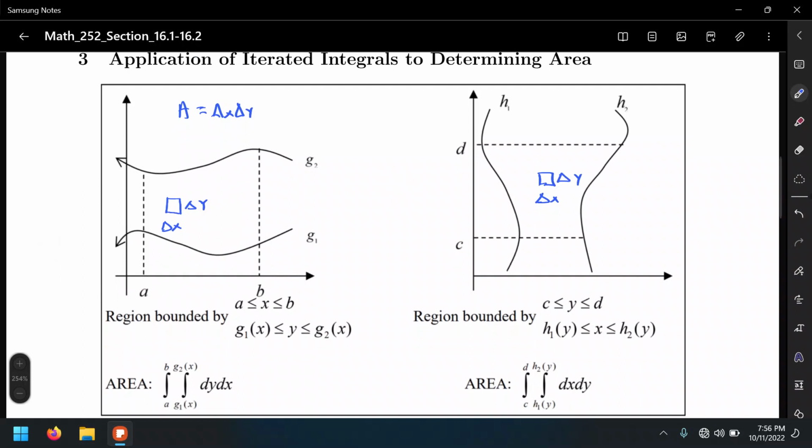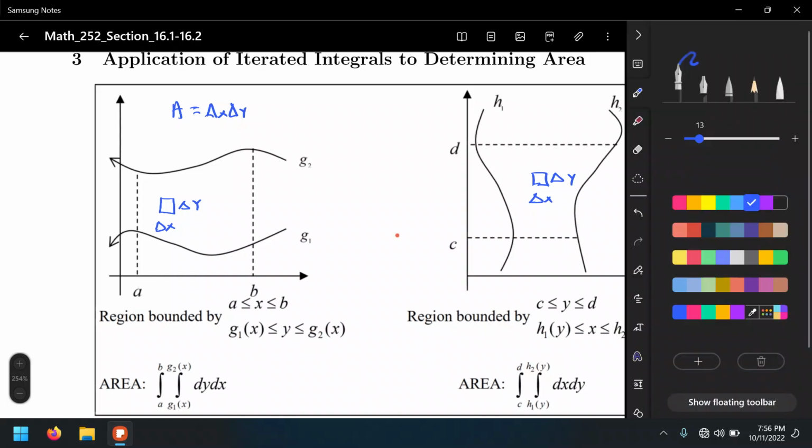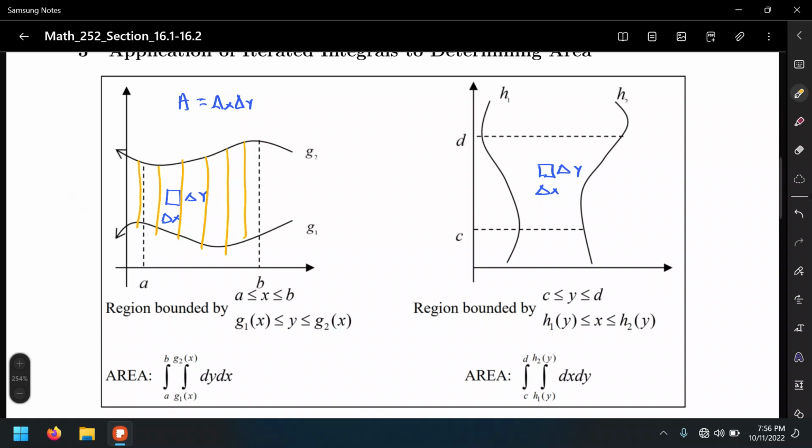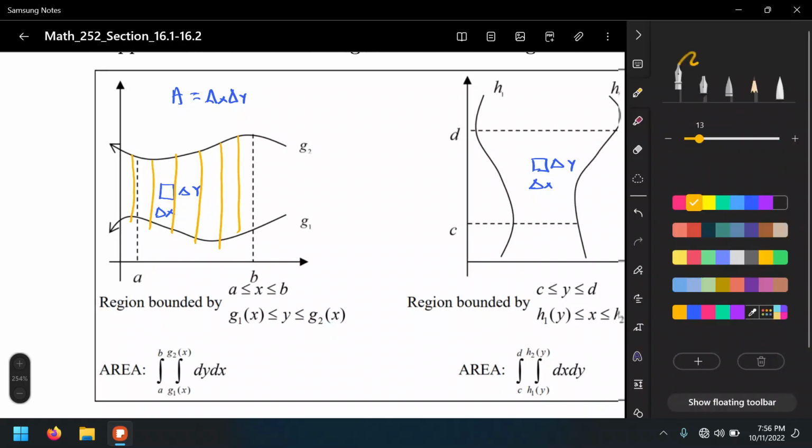Number one, a region is vertically simple if we want to trace vertical lines, and every time I do this, the top function g2 is always on top of g1. That's what we call a vertically simple region.